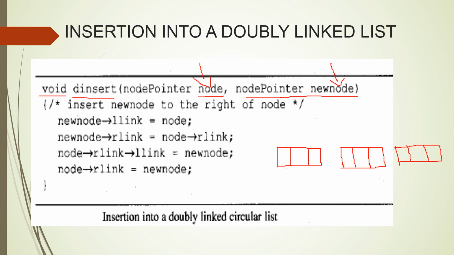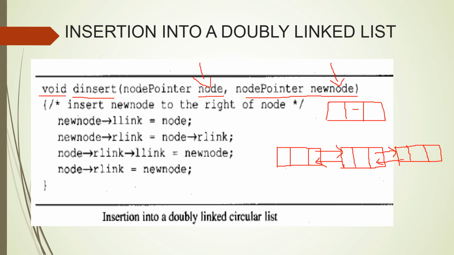And the header node is like this. The data field of the header node is nothing. We are storing nothing in the data field of the header node. Here the right link field of this node is pointing to its next node, and the left link field is pointing to its predecessor node. So this node is pointing to here, and this one is pointing to here.